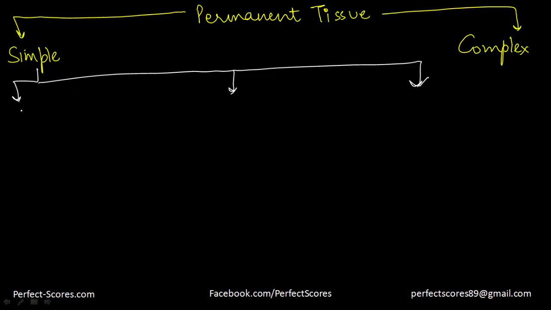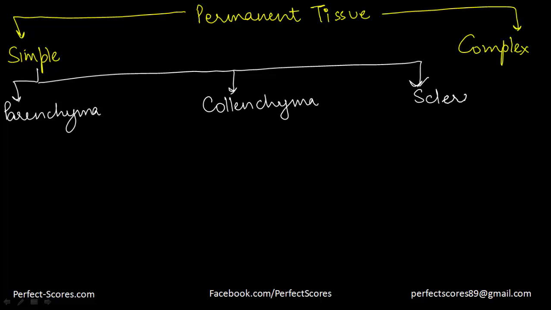So simple ones are Parenchyma, Collenchyma, and Sclerenchyma. So the important things you need to know about Parenchyma are that all of the cells are either spherical, round shaped, oval, or elongated.